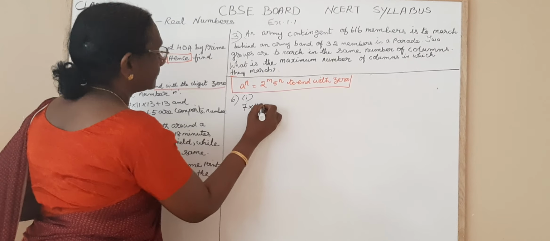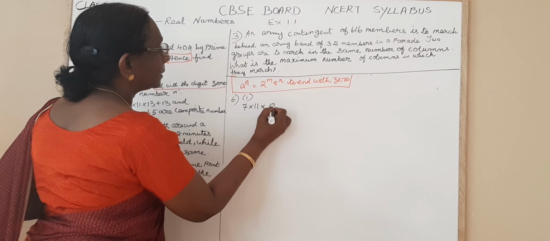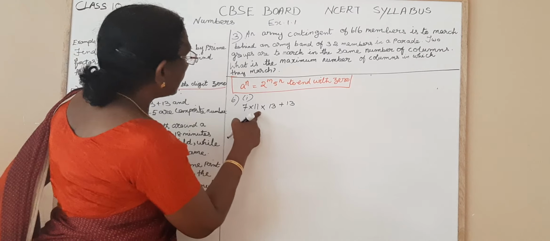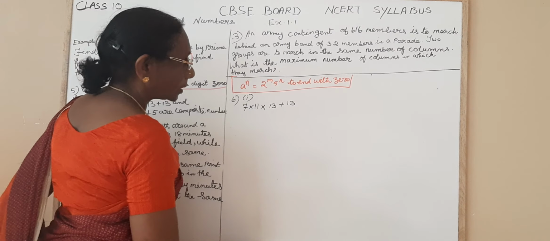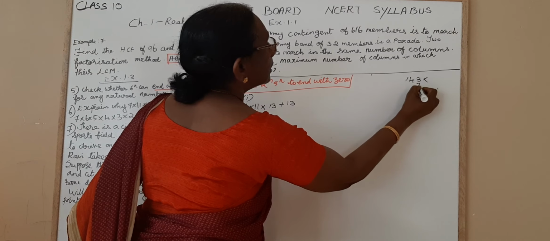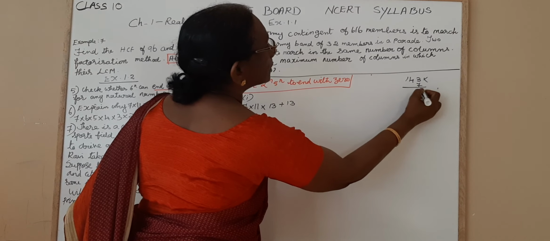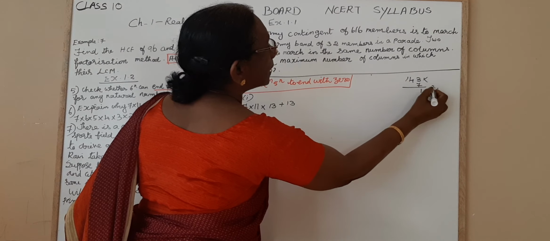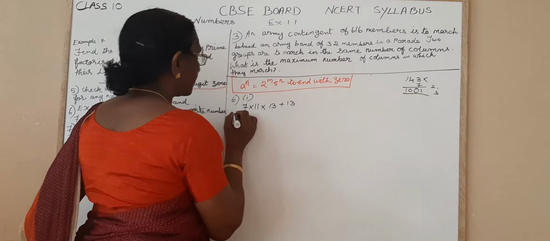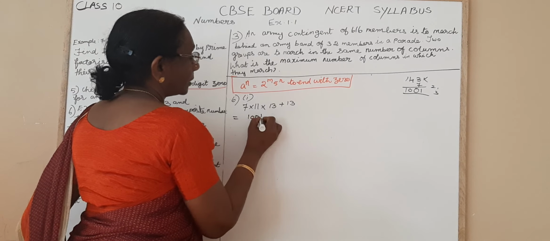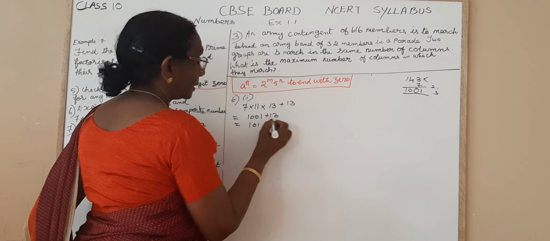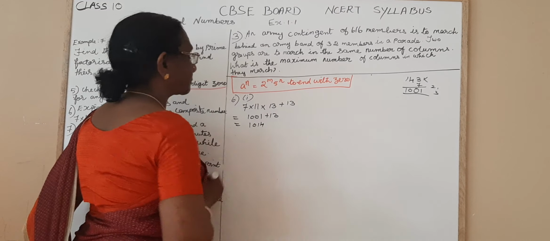7 into 11 into 13 plus 13. 13 11s are 143. 7 3s are 21, 28 plus 2, 30. So this is 1001 plus 13, that is equal to 1014.